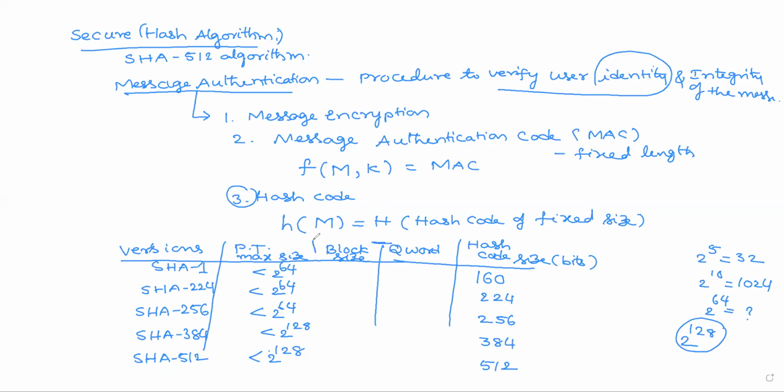The size of the plain text may be of any size, any number of bits, but if you want to apply that algorithm, you need some blocks. You need to divide the plain text into blocks. Here, the SHA-512 algorithm processes the plain text in terms of blocks.